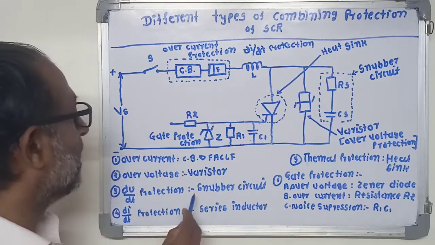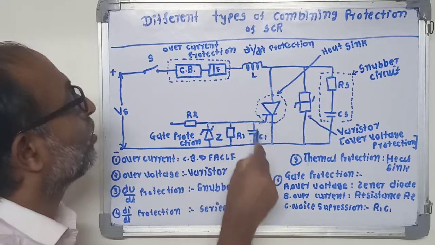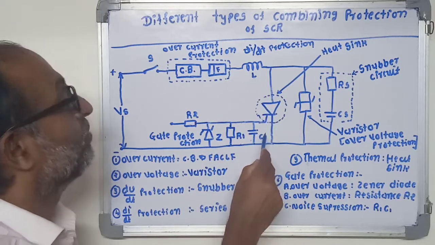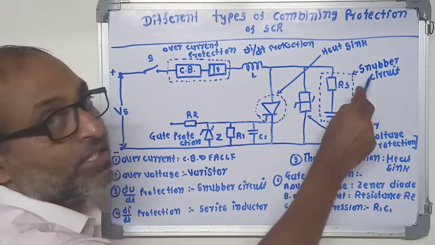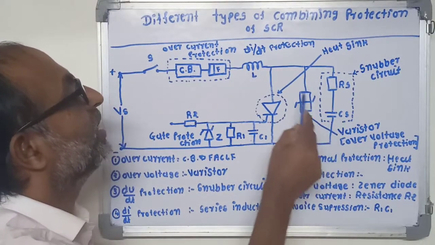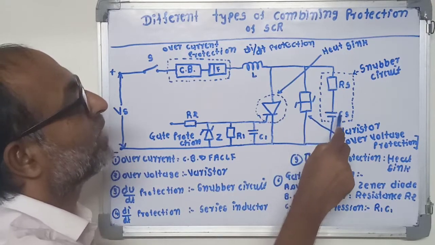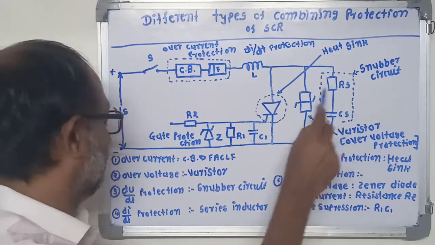Third, dV by dt protection, that means the rate of rise of voltage across the thyristor. For that, a snubber circuit is used, which is connected in parallel with the thyristor, and it is a series combination of capacitor and resistance.